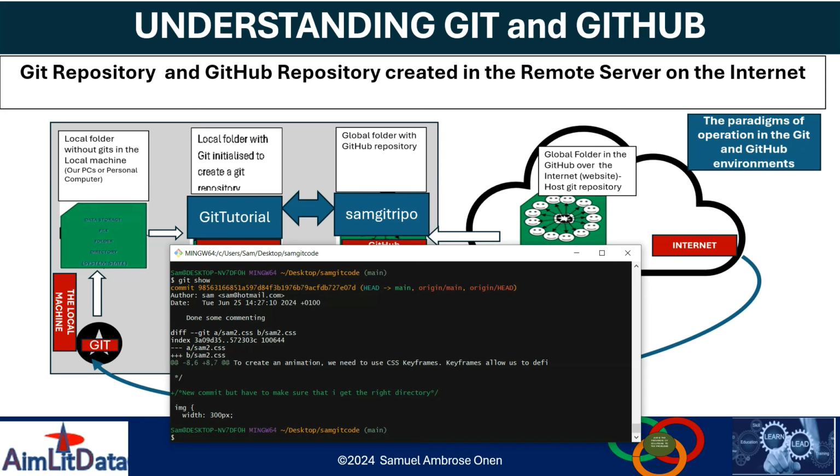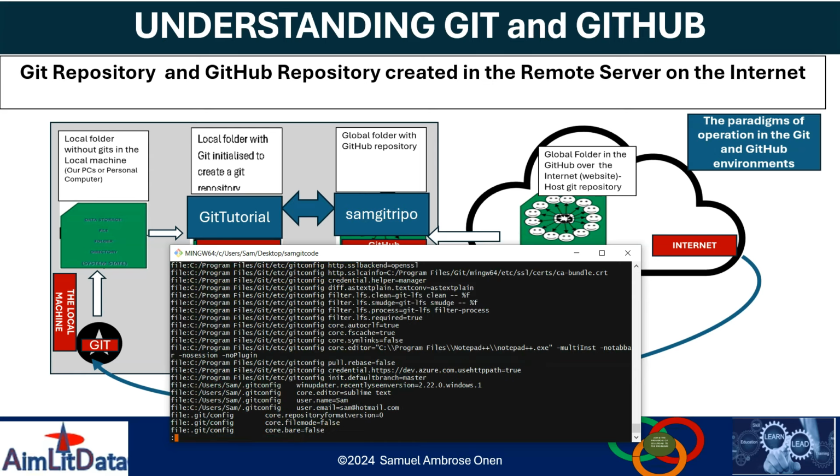And then if you run, let's say, git config --list --show-origin.